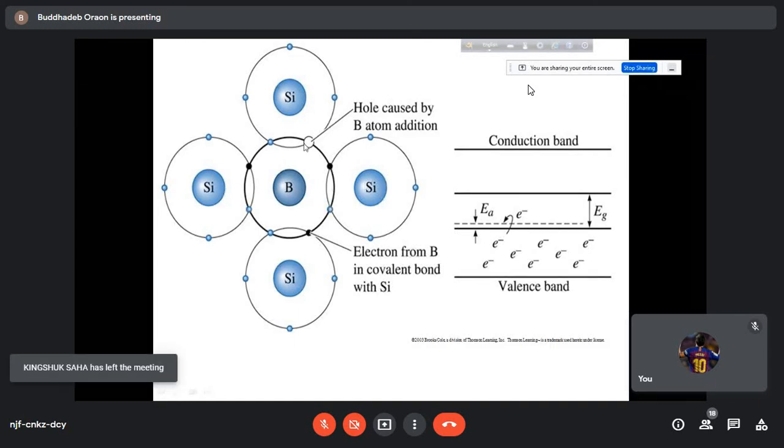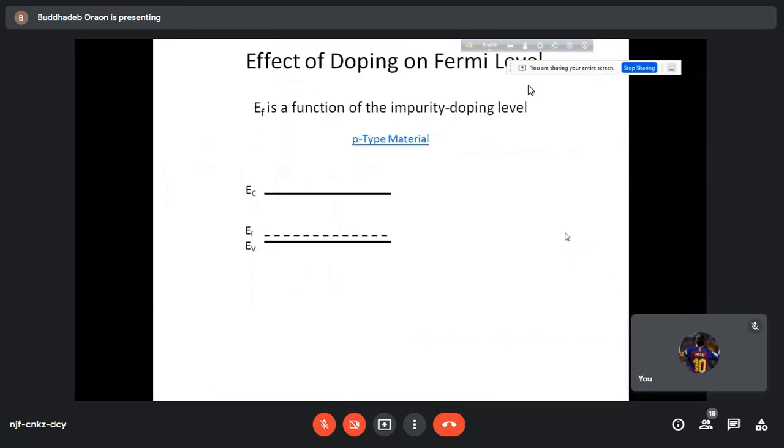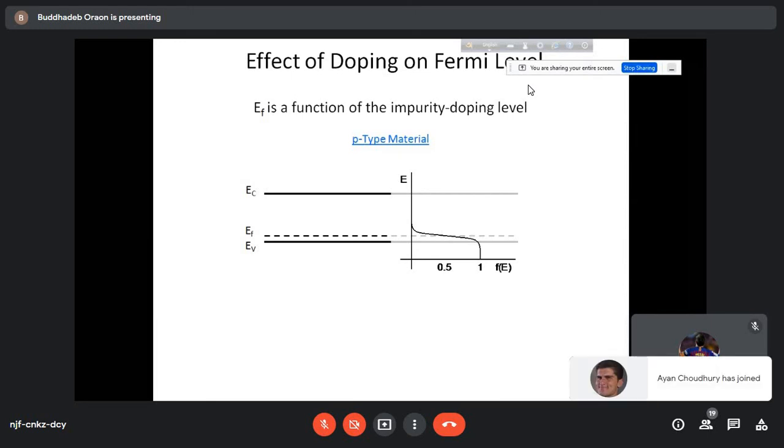The hole that has been shown diagrammatically on the right side, the energy level has been shown by this dotted line. So the energy level gets shifted towards the lower side near the valence band. The Fermi function shifts towards the lower side, and the Fermi energy level also shifts towards the lower side.